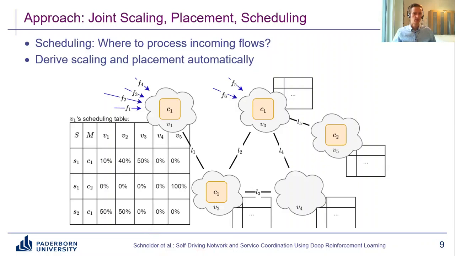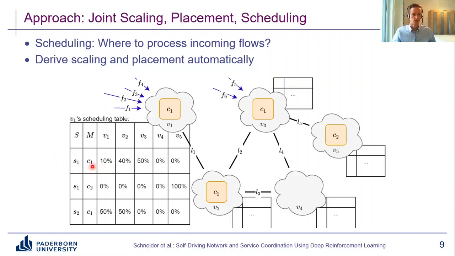So what we do is we decide the scheduling tables, and then we look at them and derive how to scale and where to place instances of our components based on where flows could possibly arrive. So we start at the scheduling tables of our ingress nodes here, and we look at where flows could arrive.